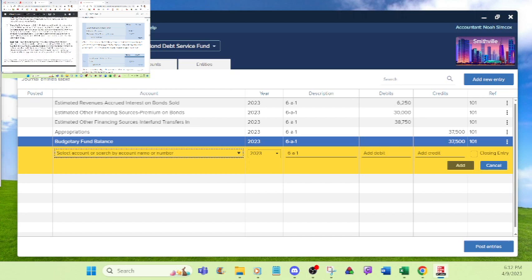It says the fund received $30,000 and it received $6,250. We literally have that in the budget already.